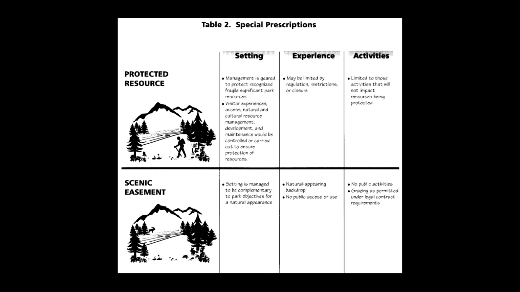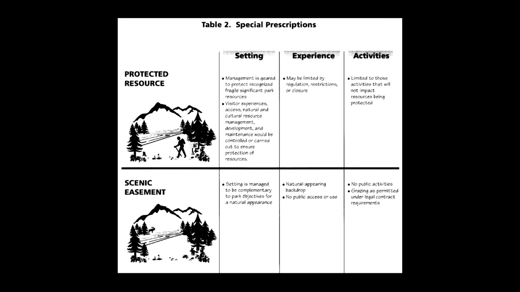And then a description of activities, or ones that don't impact the resources. A scenic easement is managed a little bit differently, also complementary to the major objectives. The no public access or use, I'm not sure I understand that one because I've never seen a scenic easement described that way.